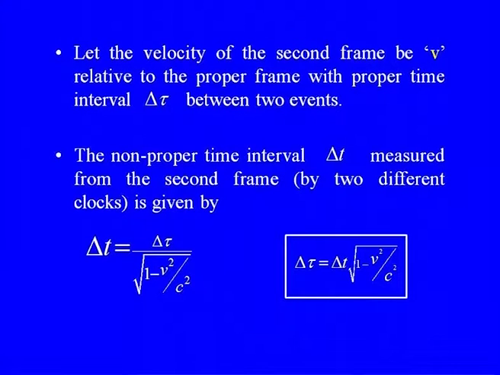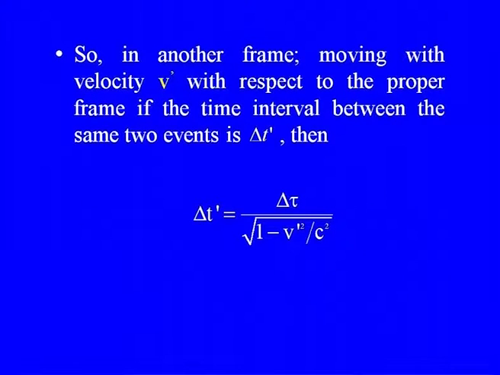And so what's this delta tau? That's the proper time. So it's delta t into root over of 1 minus v square by c square. Now, if in another frame, in which it's moving with a velocity v prime with respect to the proper frame, the time interval measured between the same two events is delta t prime, then obviously delta t prime is again delta tau divided by root over of 1 minus v prime squared by c squared.